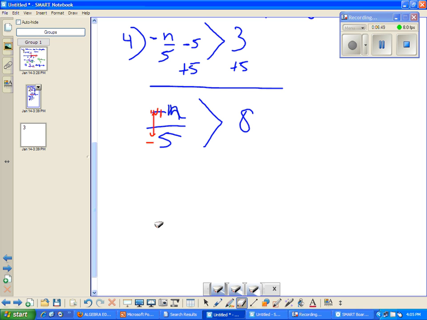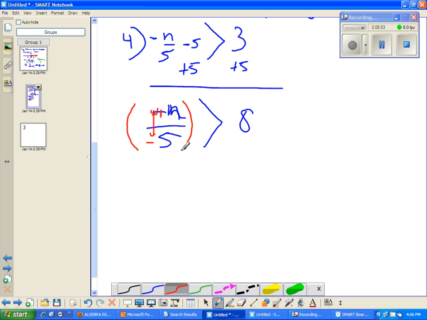Okay, so I'm now going to multiply this side by negative 5. And when I do it to one side, I do it to the other side, negative 5. The negative 5 cancels out, leaving me the n by itself. I multiplied by a negative number, which means I need to change the direction of my inequality.